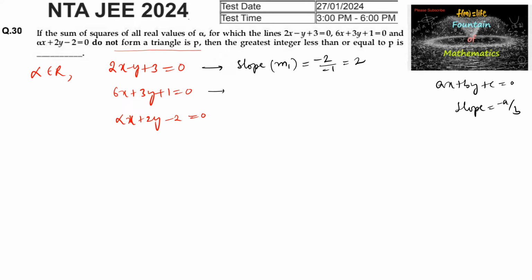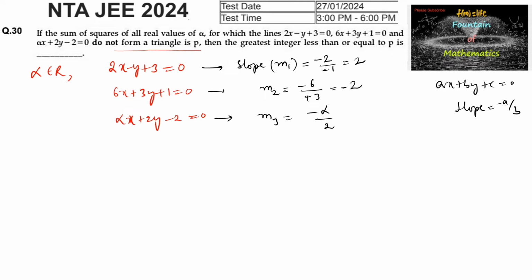And similarly for the second slope, m2 is equal to minus 6 upon 3, it is minus 2. And coming to the third slope, m3 is equal to minus alpha upon 2. Here we can say that m1 and m2 are not the same, so they are not parallel.